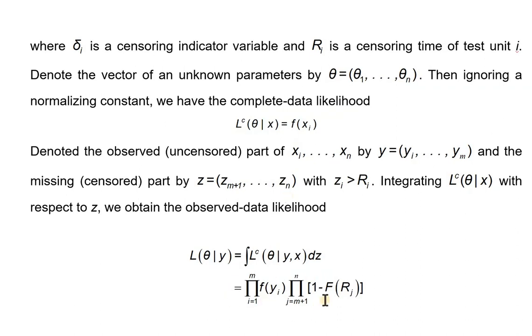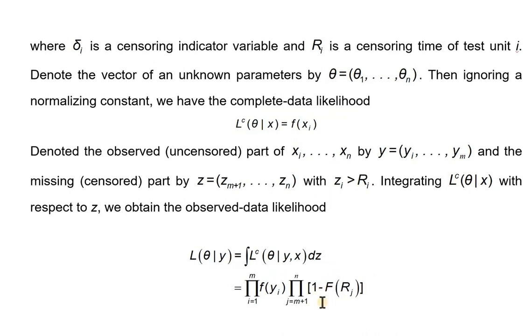First we construct the joint PDF of the expected distribution, which is the exponential distribution. Here we denote the first part for the uncensored, and the second part for the censored. For the uncensored, it starts from i equal to 1 until m. This is the PDF, and then this is the R(t), meaning that it is still surviving.